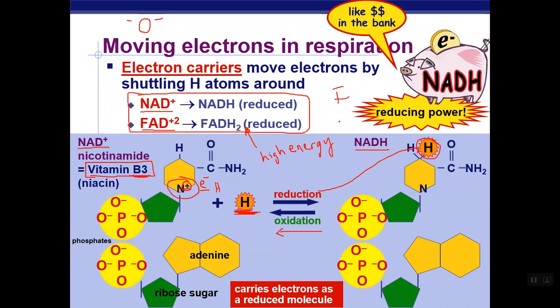So if you're ever tracking the movement of electrons, it is so much easier to follow the hydrogen. You're like, oh, there's a missing hydrogen in NAD+, and then it shows up in NADH. Energy and the electron must therefore have moved from NAD+ to NADH. You're just following the hydrogen to tell you where the energy has gone.